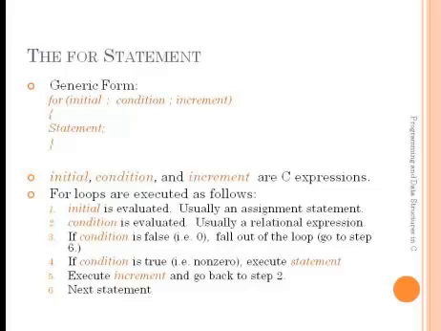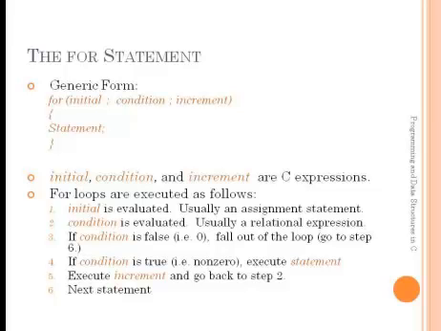Let's consider this code once again. Whenever control reaches the first statement, first it evaluates the initialization expression. After that, the control checks the condition. If this condition is true, it will go to the third part, that is, it will execute the body of the for loop. Otherwise, it will go to the next statements which follow the for loop. Suppose the condition is true, it evaluates all the statements in the for loop.